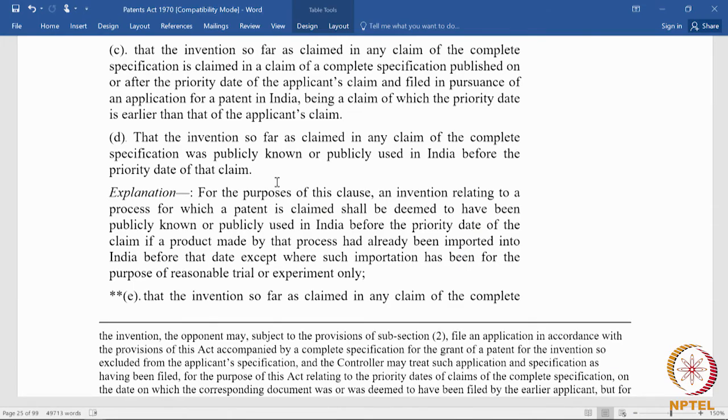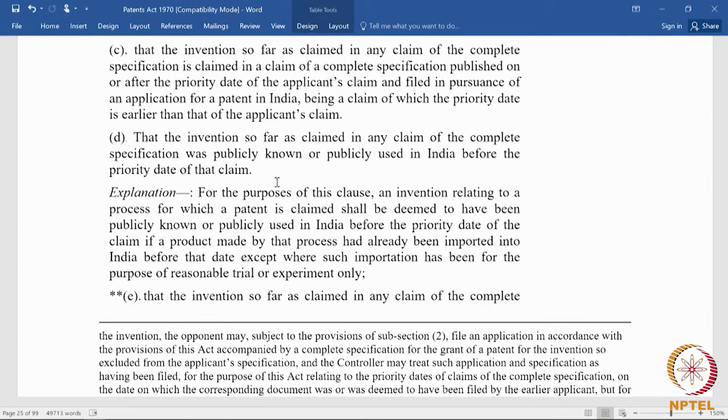Say a particular technology, a machine, was publicly used in India. You could use that to challenge a claim if you are able to prove that the machine actually encompasses the invention that is now covered in the claim, or there was a disclosure of the invention, say in a conference, publicly and people knew about the invention, but there was no record of it.